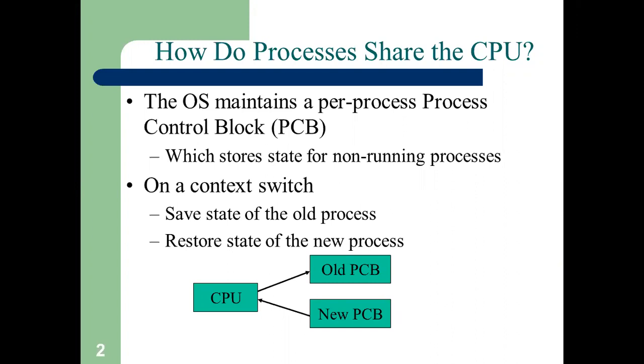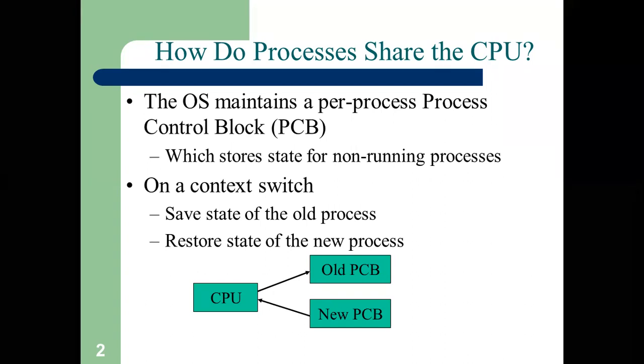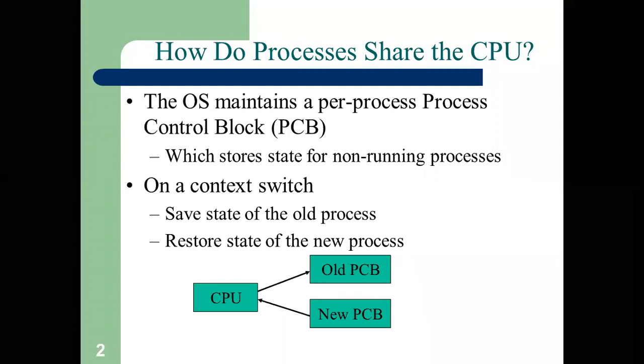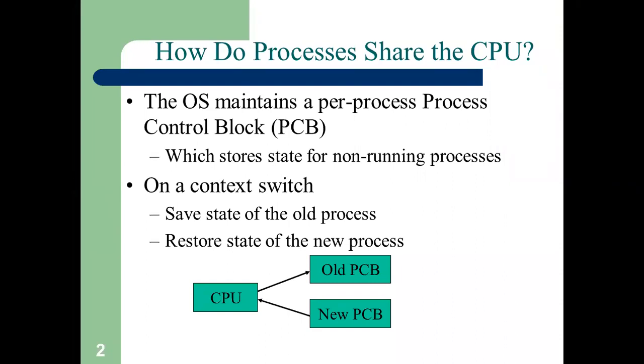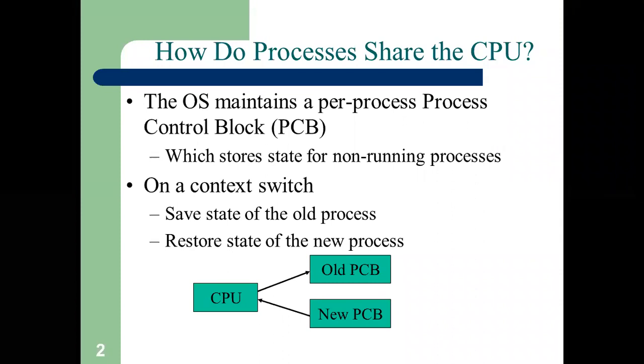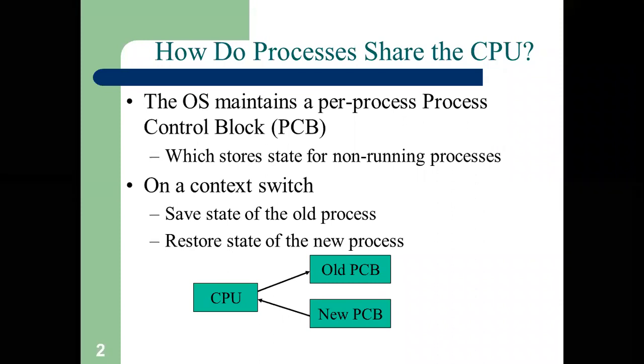As we are preparing a particular program and thinking that we are going to run it, or sending it to the CPU for execution, then as we click, before that there are a number of states. For those states, it maintains the record inside the PCB, which stores state for non-running processes.